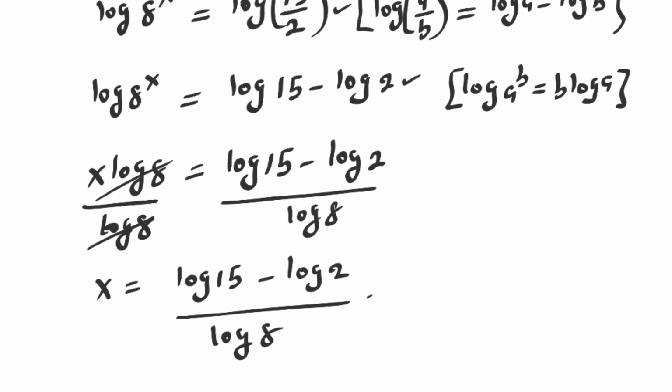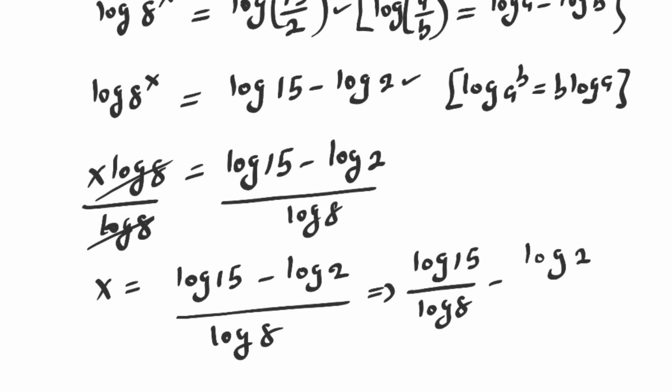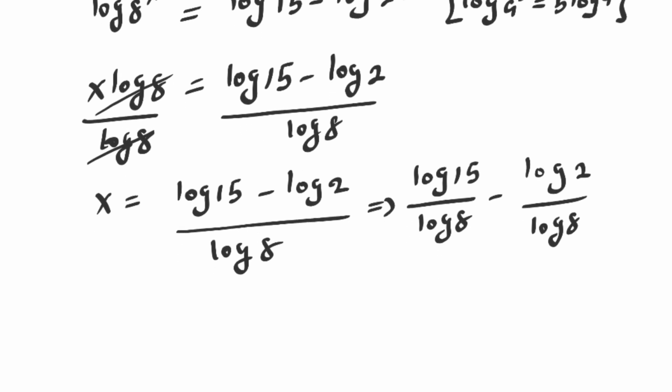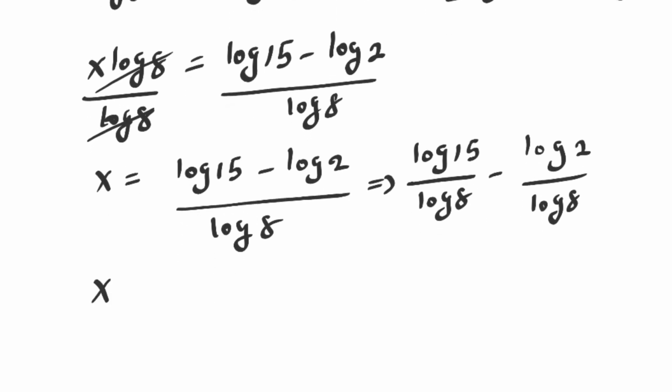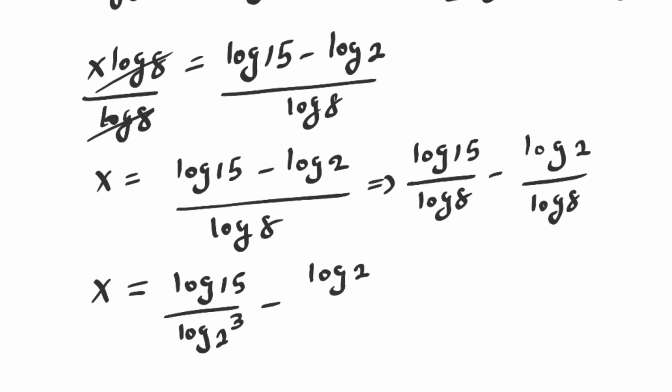If you split this, this is the same thing as log 15 over log 8 minus log 2 over log 8. x is equal to log 15 over log 8, which can be written as log 2 raised to power 3, minus log 2 over log 2 raised to power 3.